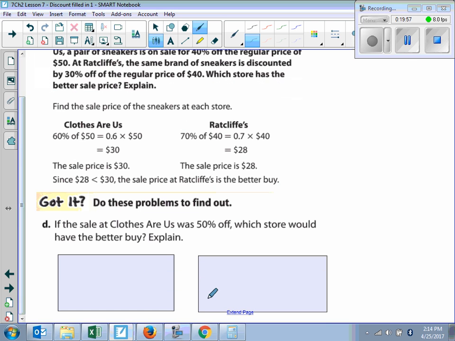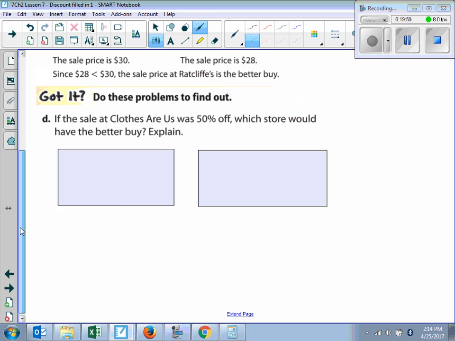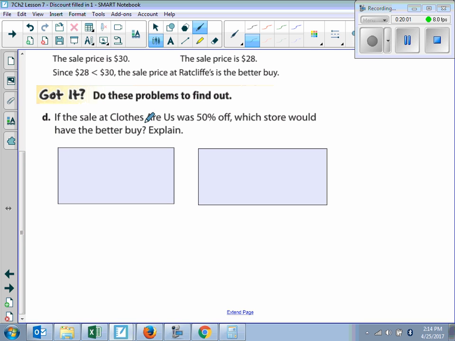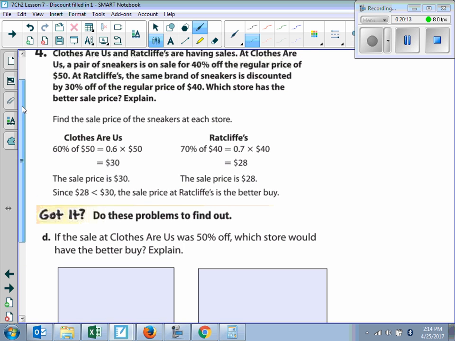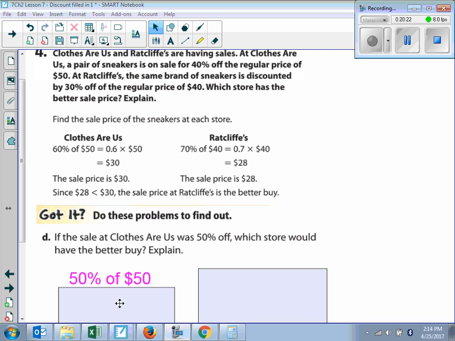All right, so let's take a look at this. If the sale at Clothes R Us was 50% off, which store would have a better buy, and explain? So we're still using this information up here. It said if the sale is 50% off of $50 at Clothes R Us, right?